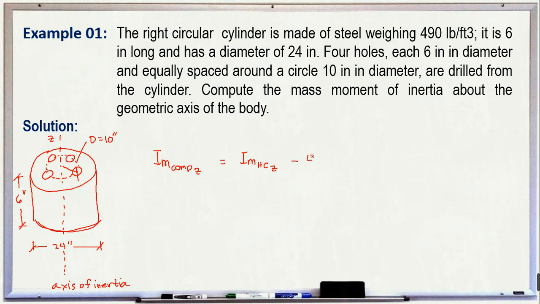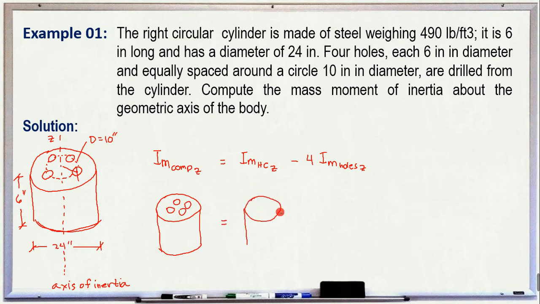So we have 4 times the mass moment of inertia of the holes, which we're going to denote as holes, along the z-axis. If we're going to draw this, so here, 1, 2, 3, 4. Sorry if it is not evenly spaced. Just to visualize, it is equal to this one, the huge cylinder.